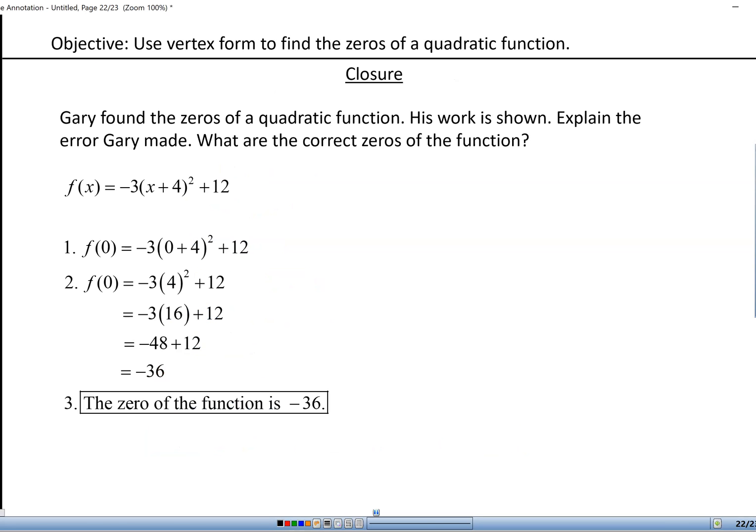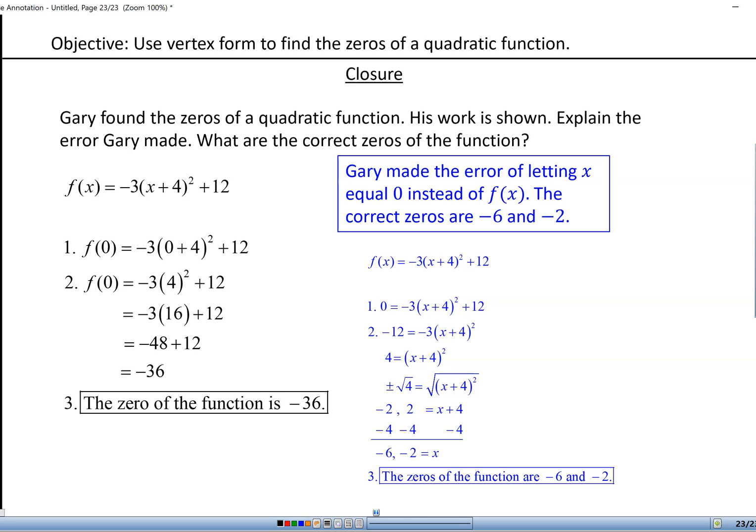All right, closure. Here it says Gary found the zeros of this quadratic function. His work is shown. Explain the error that Gary made, and also what are the correct zeros of the function. Take a few minutes. All right, let's take a look, see how you did.